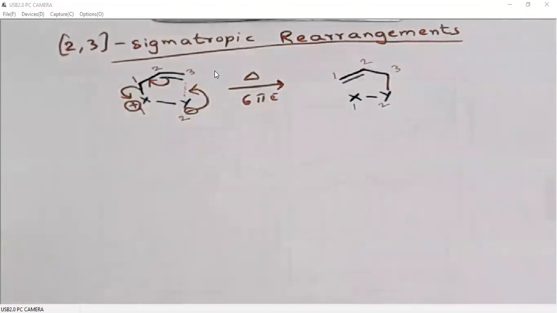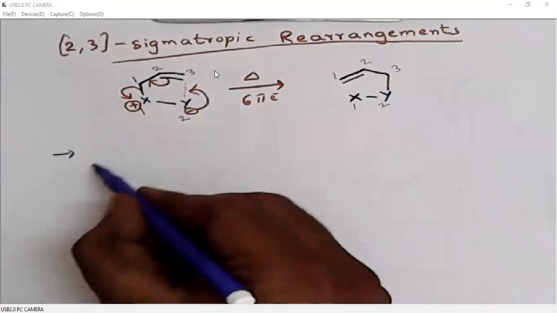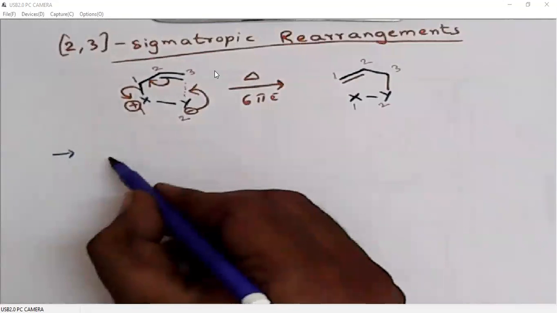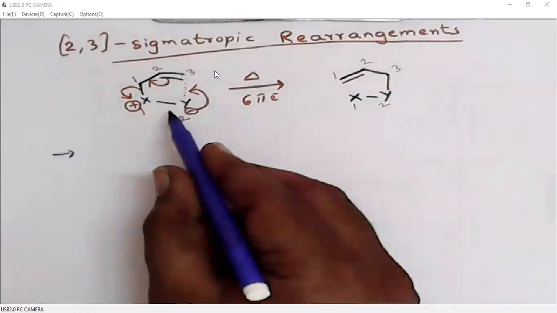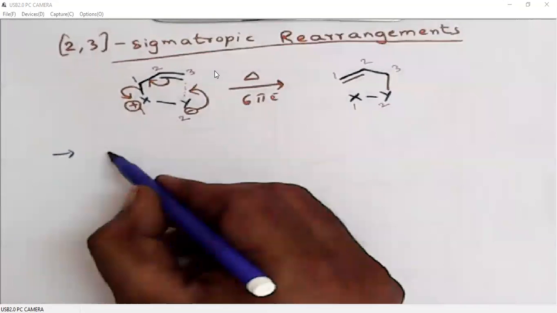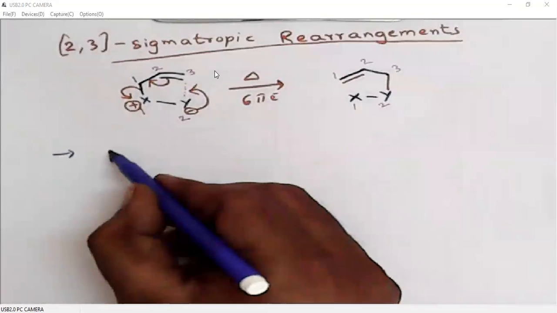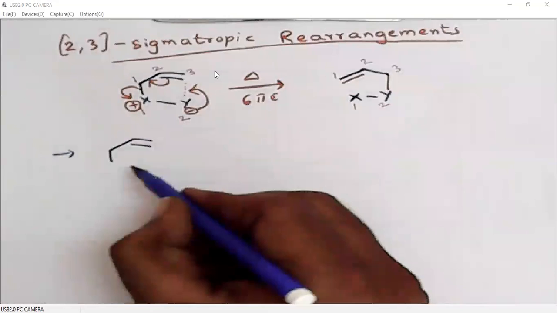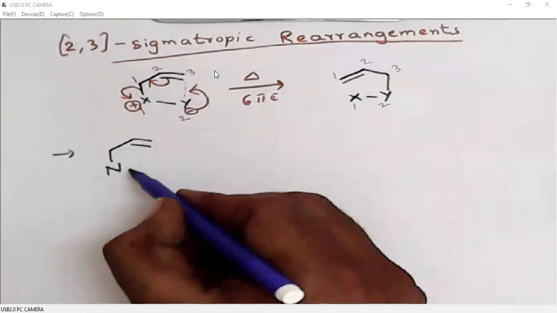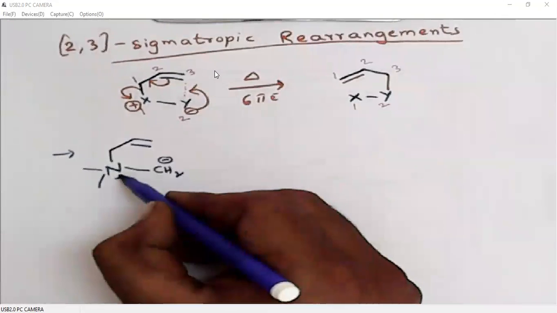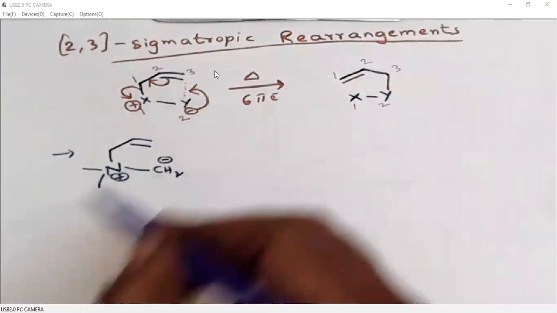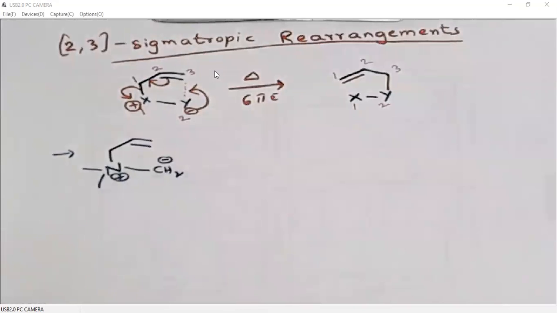Now we will see the examples for 2,3 sigmatropic rearrangements. So these involve halides. Halide means both positive and negative charges in the same system, like when we have a system like this: a quaternary ammonium salt.